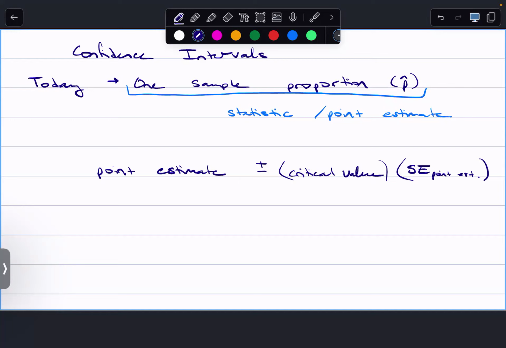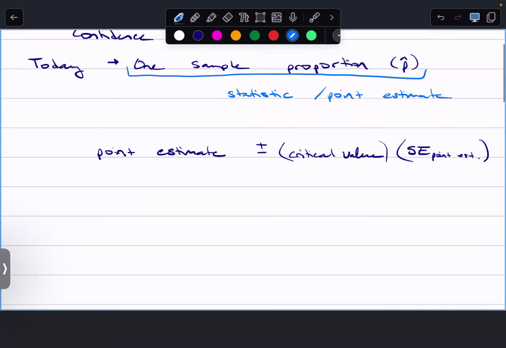Yeah. And so in our case, let's do maybe green. For one sample proportion, our point estimate is p hat. Our best guess at what the population proportion is, p hat. Now, plus minus, and I'm going to leave the critical value for a little bit because we don't know what it is.